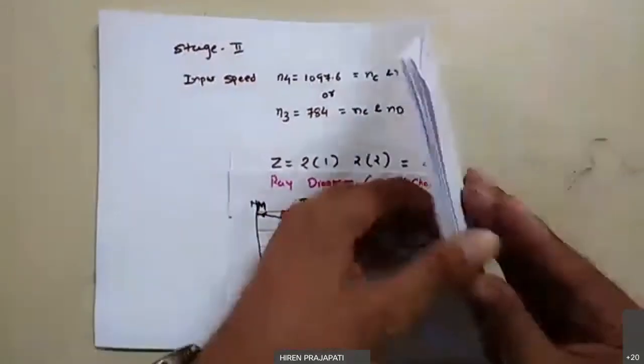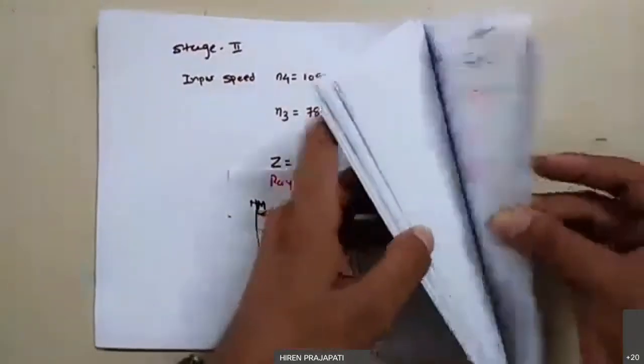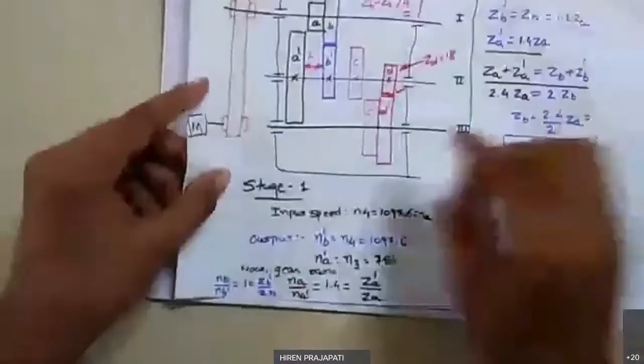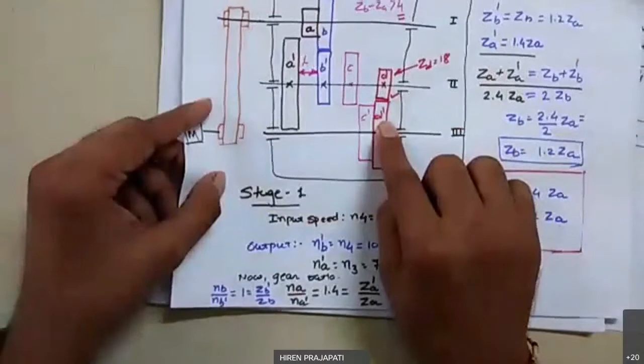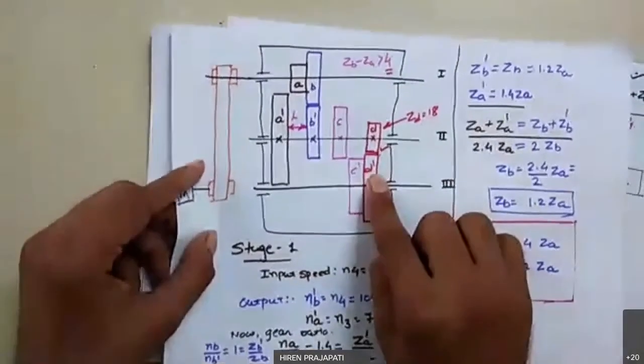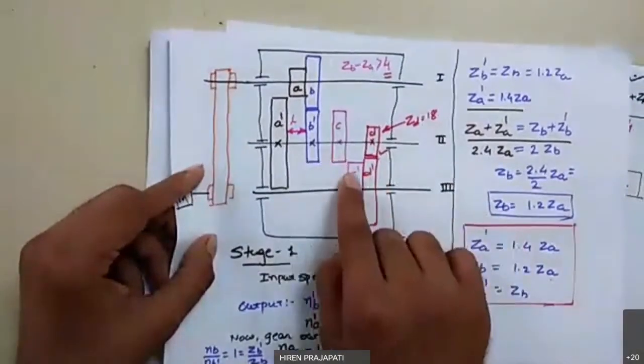If you select this D combination, then we get reduction. If we select the D dash combination, then we get reduction in the speed. And if we select C dash, then we get the same speed, right?